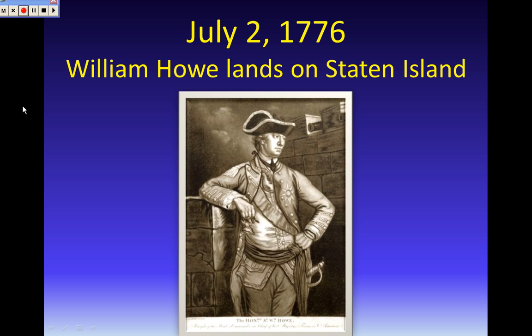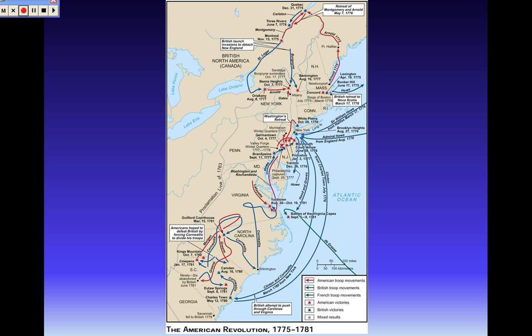I mentioned that Washington had started to put an army together, a Continental Army. The first time they really will see action will be in New York, in the area around Brooklyn and Staten Island, and that's where Washington will initially face off in August against Howe.